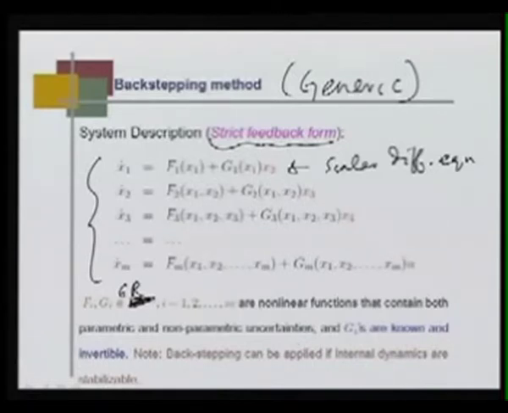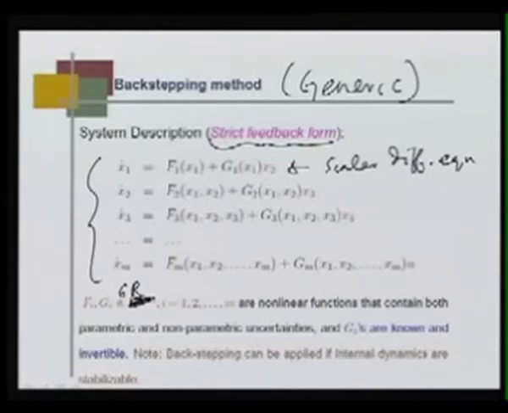So f1 and g1, f2 and g2, f3 and g3, up to fm and gm are nonlinear functions that contain both parametric and non-parametric uncertainties, and we assume the g's are known and invertible.